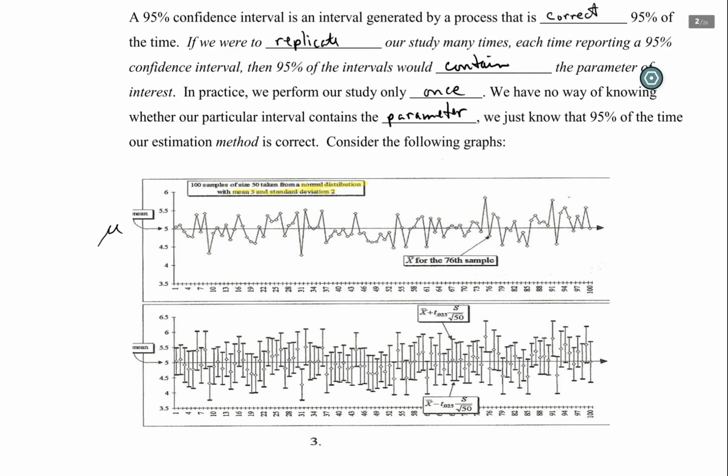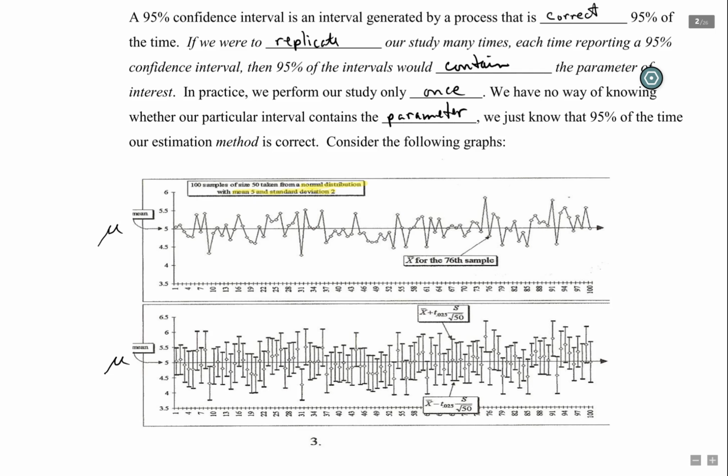The mean 5 is going across the middle, and we're asking the question: did the confidence interval capture the mean mu? When we look at the first confidence interval, mu is clearly in there. In the second one, it is as well, and the third one, and so forth. In fact, most of them did capture mu, but we can see a few where it didn't.